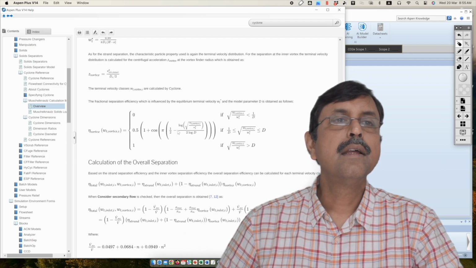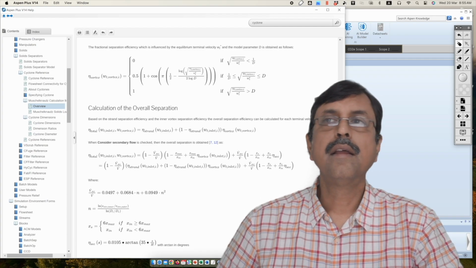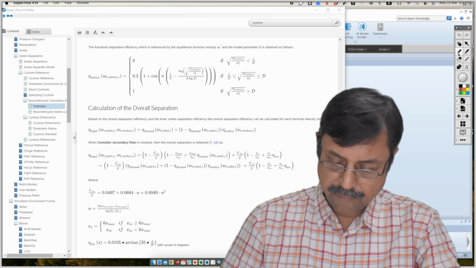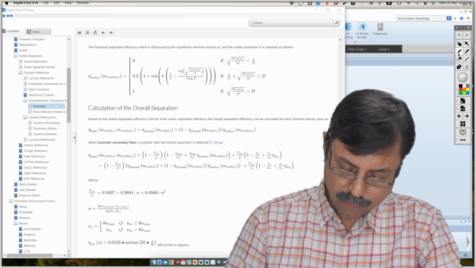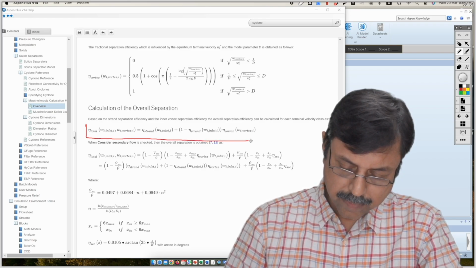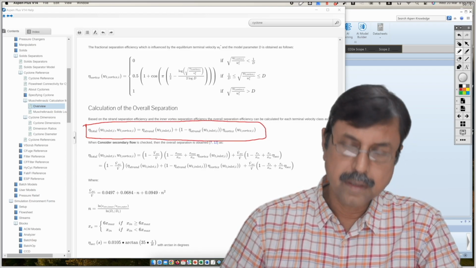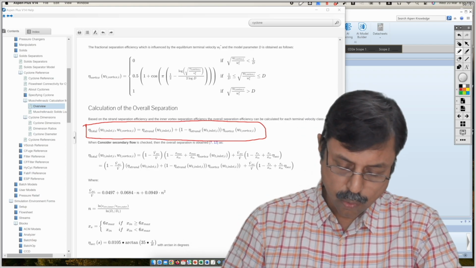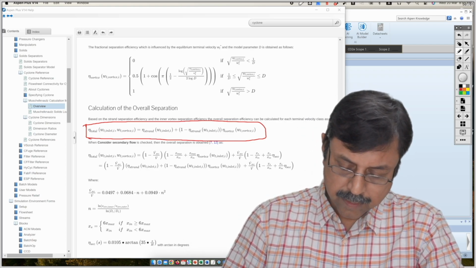Basically, the efficiency is given with this particular equation. This is the efficiency, where total efficiency is divided into two portions.